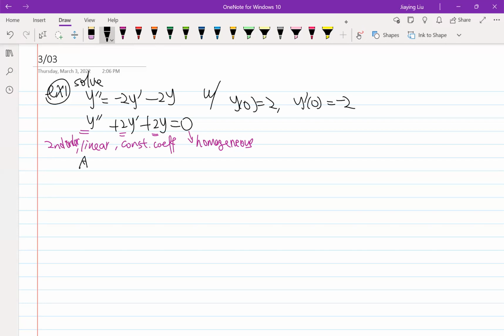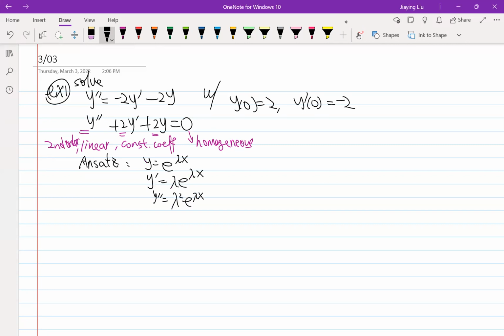So suppose the solution is going to be y equals e to the lambda x. Then we can put this expression into the differential equation by finding y prime first, then y double prime. I'm going to do them quickly since we've done that many times.